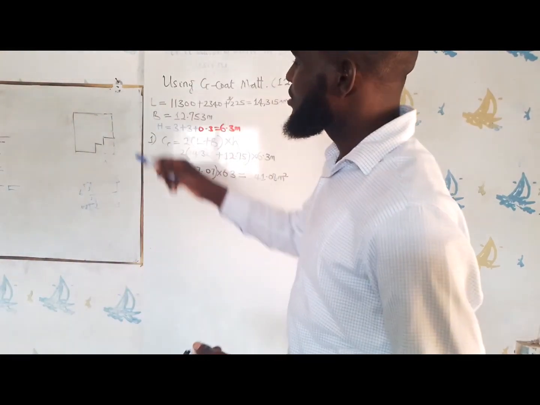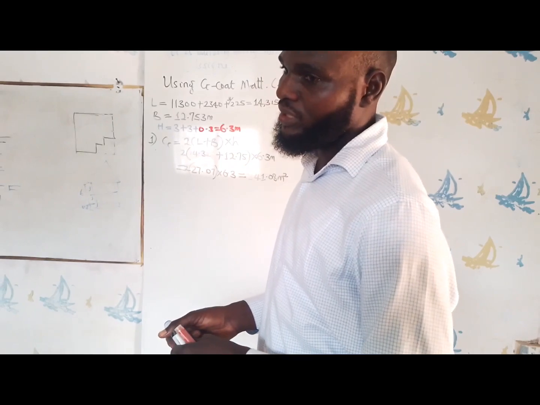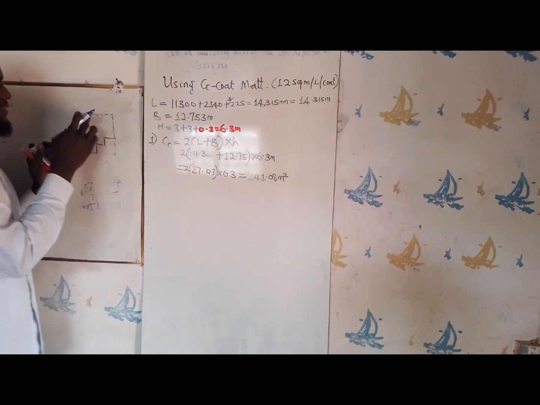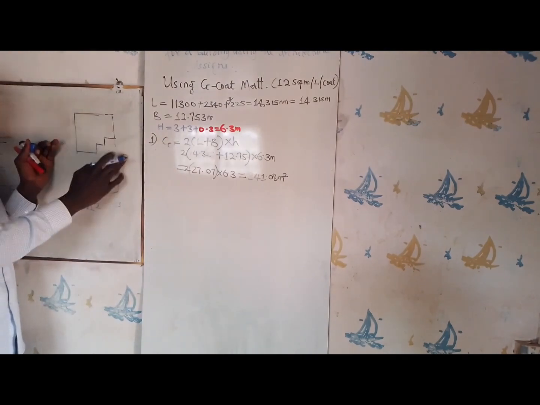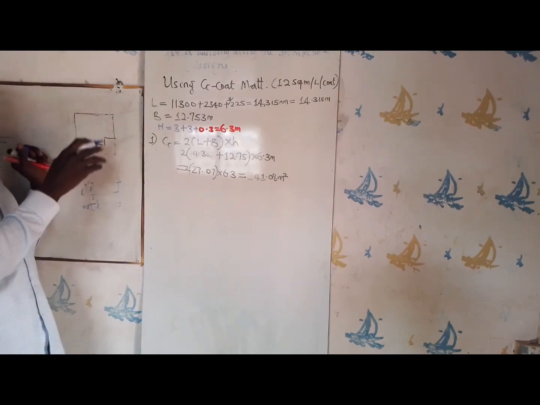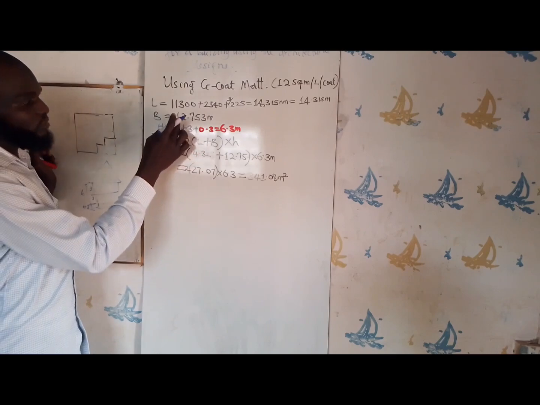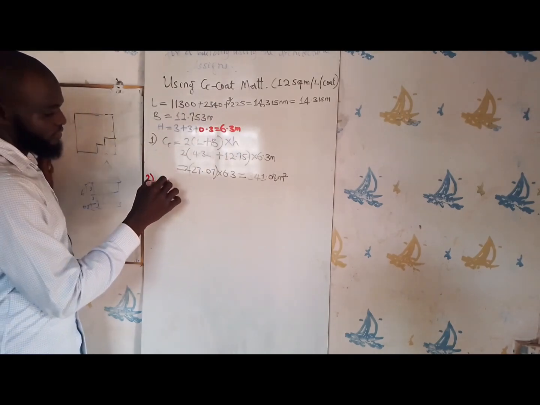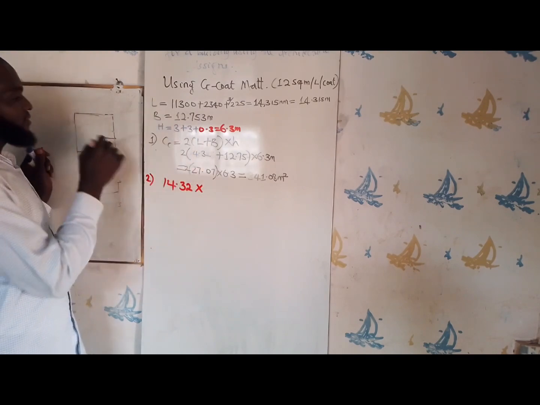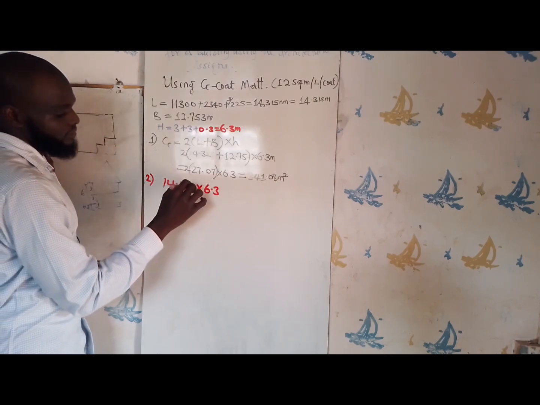Let's now do it side by side and see if we will still get the same thing. Remember, our length is this side and this side. So let's calculate the area of the length. The area of the length is a rectangular shape. So the length is 14.32 times the height, 6.3 meters.